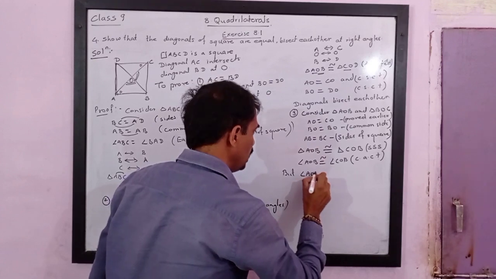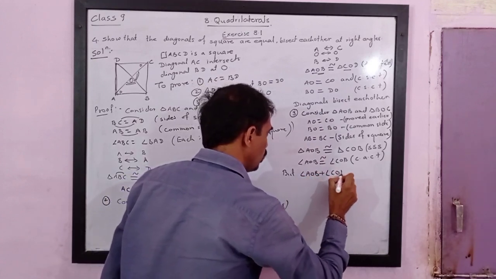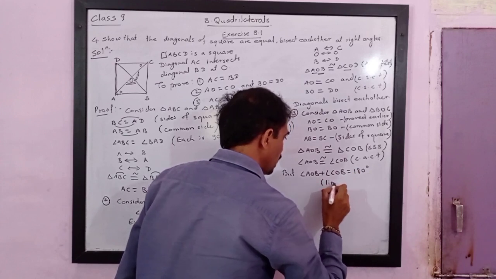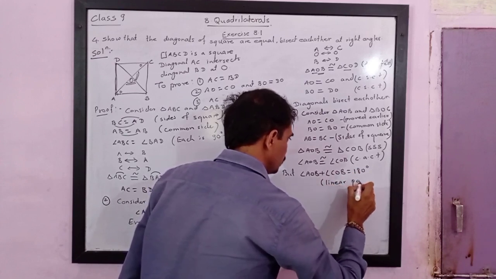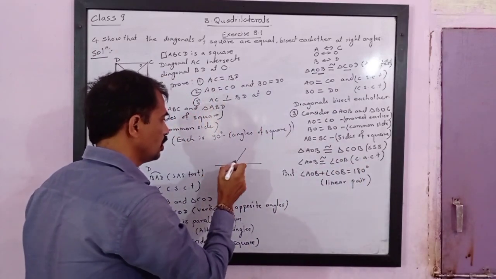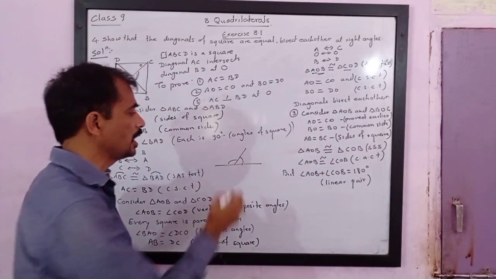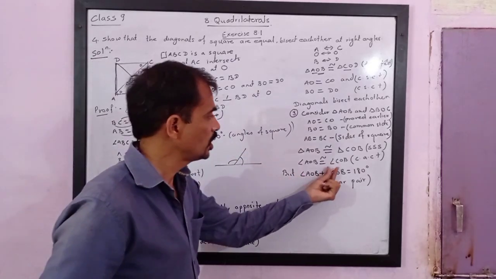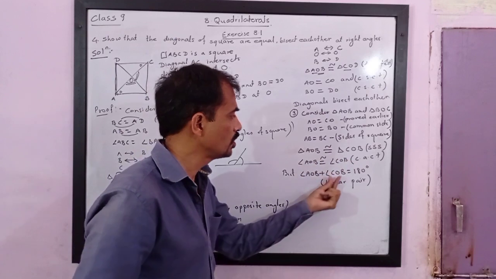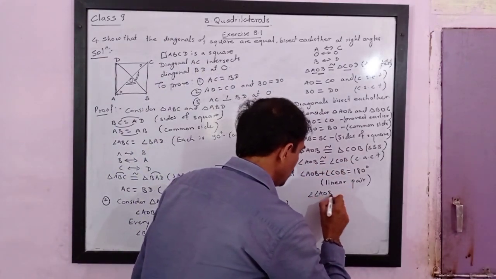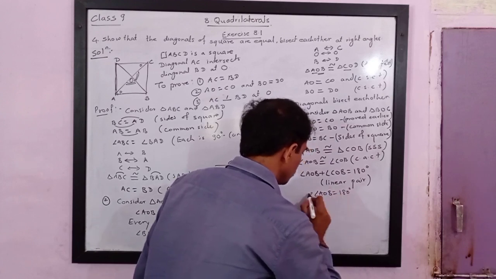Angle AOB plus angle COB equals 180 degrees since they form a linear pair. We have already studied that angles on a line are called a linear pair and they are always supplementary, that is, their sum is 180 degrees. Now watch carefully. Angle AOB is equal to angle COB, so twice angle AOB equals 180 degrees.